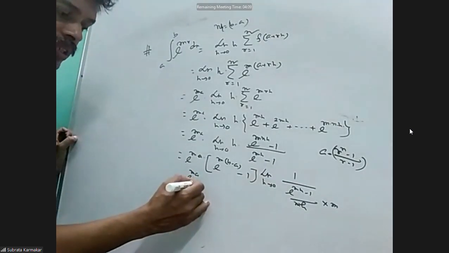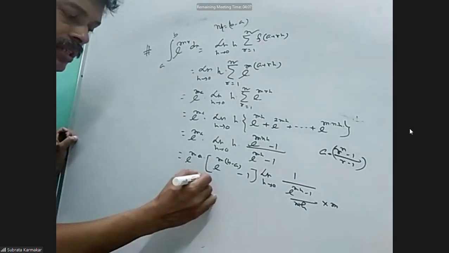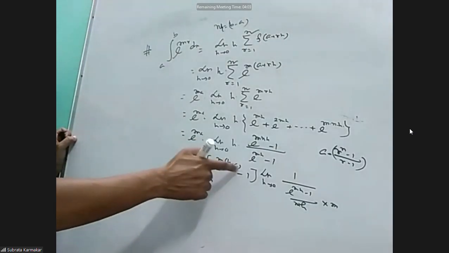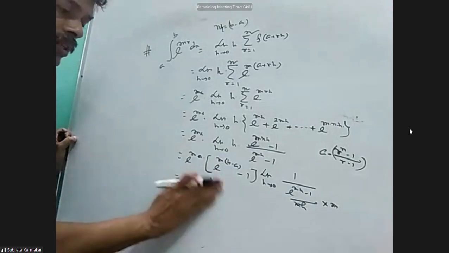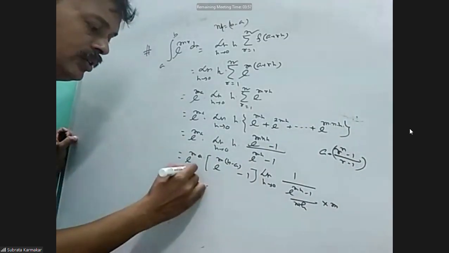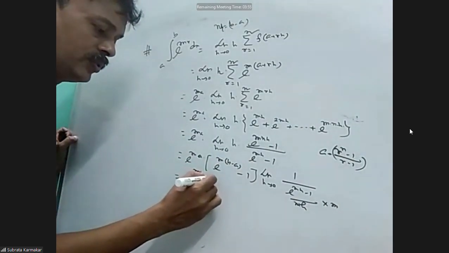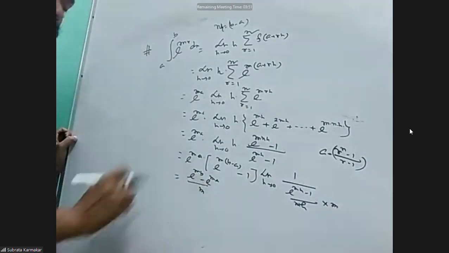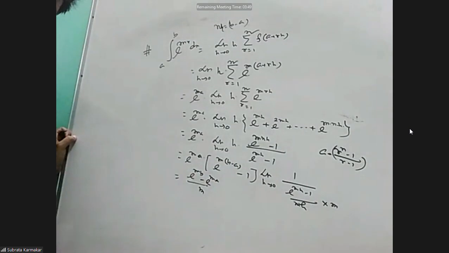May I write it directly? mb minus ma, I'm writing the steps directly. e^(mb) minus e^(ma) by m. This 1 by m will come over here.